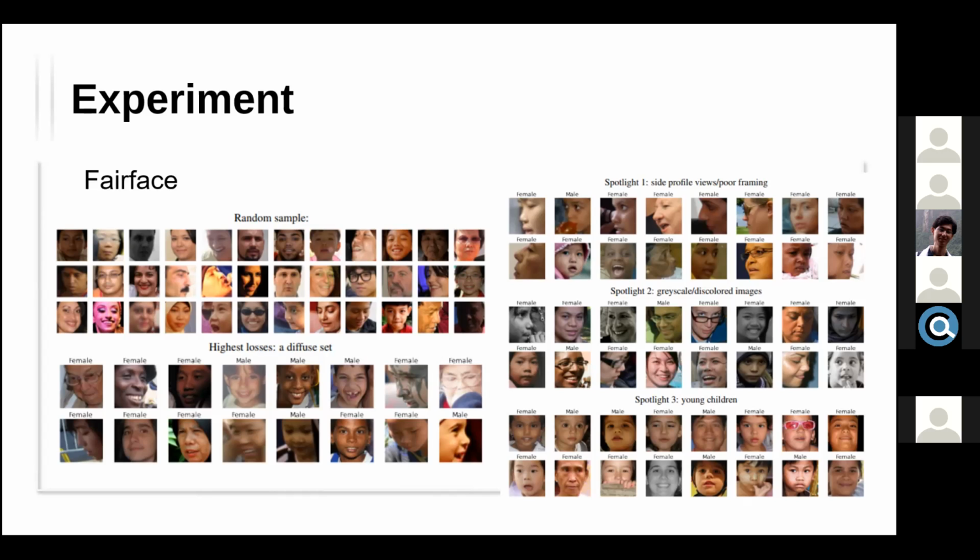So that gives the researchers an explanation of why those data have high loss, because labels like discolored images don't exist. But if they don't have a label, how do they? I mean, they don't have a label as discolored.